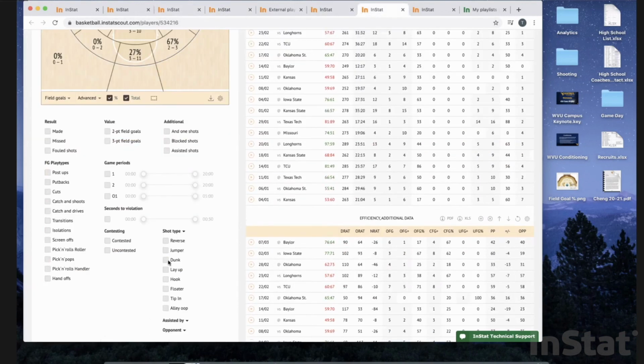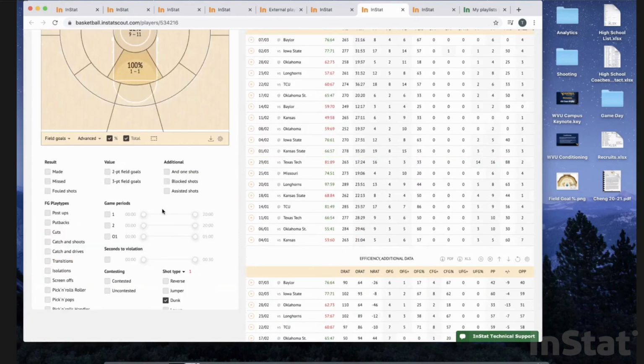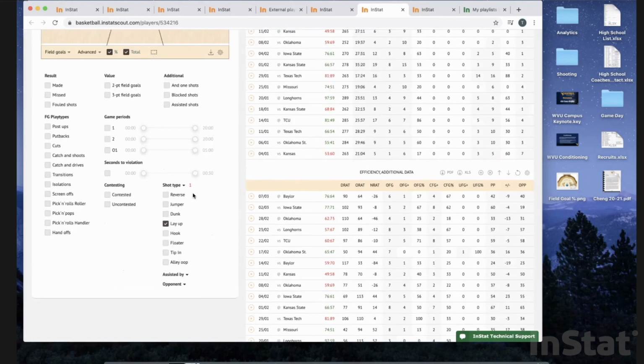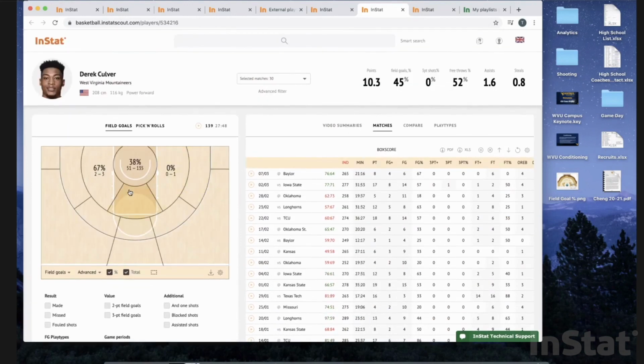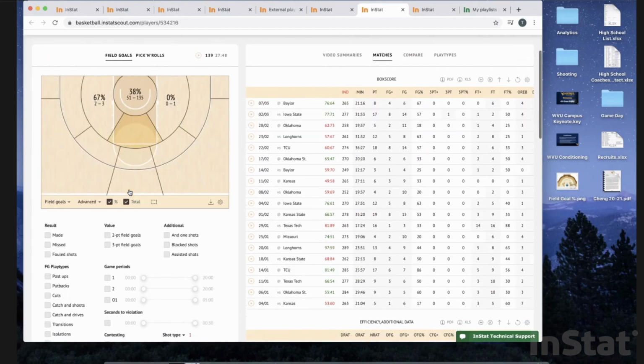Right there, instead of me having to download all of his shots from the past year around the rim, or all of his layups and dunks, and then go through each individual one and count them, I can just click dunks right away, and all of a sudden I know exactly how many dunks he got or how many layups he got. Now, obviously, if I want to understand left side, right side, how is he getting those layups?